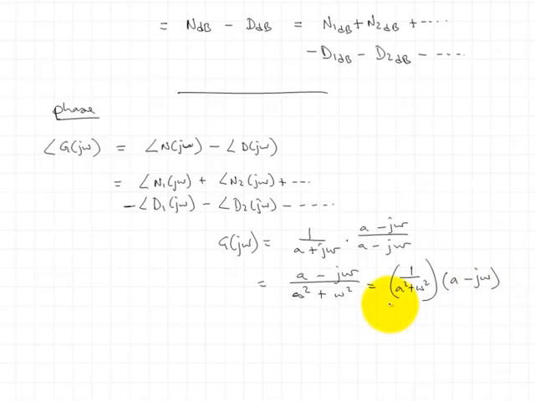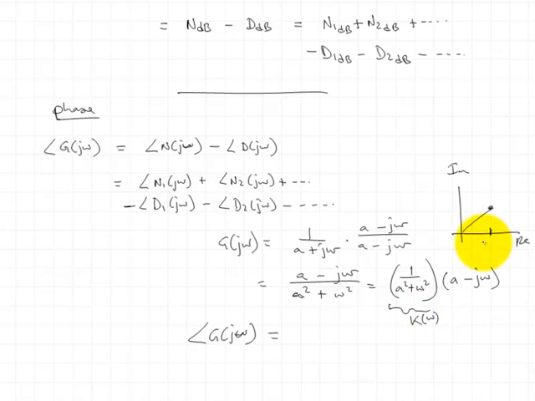Now this scalar out front does not contribute to the phase. If I'm asking now, what is the angle of g of j omega? The angle in this case is simply equal to, if I were to plot this on a real versus imaginary scale, I'm simply going to have something like this, where we call this number k, it's k of omega, some function of omega.